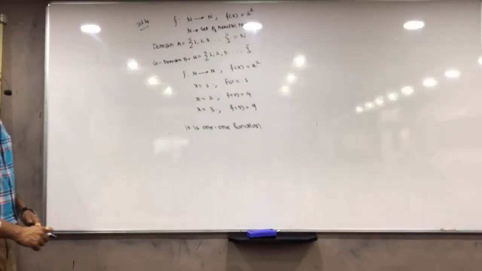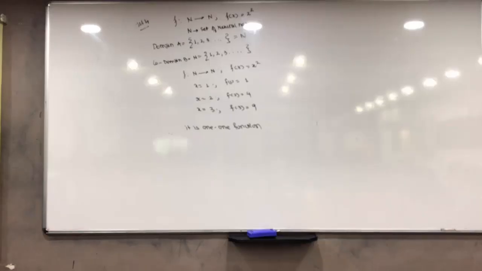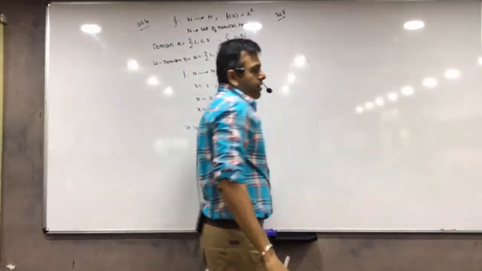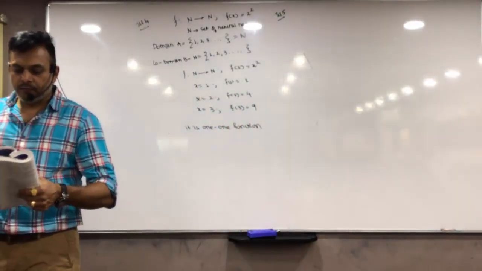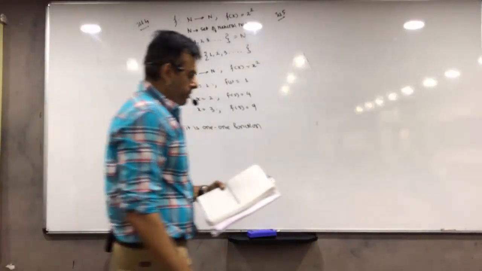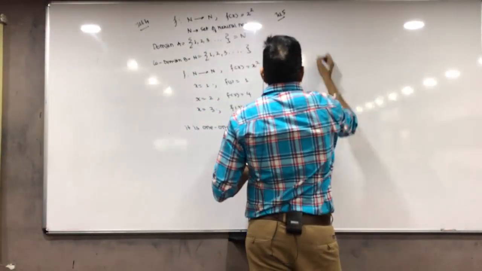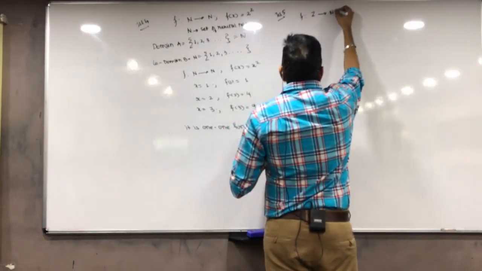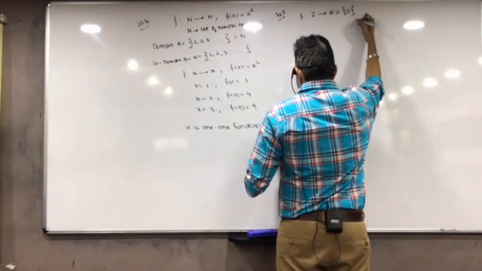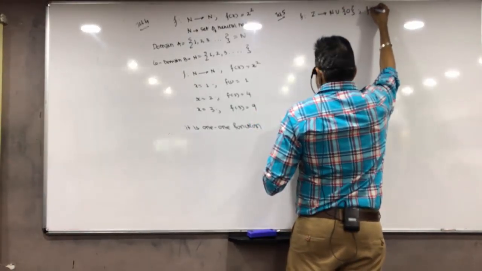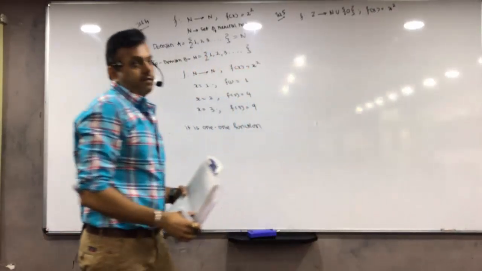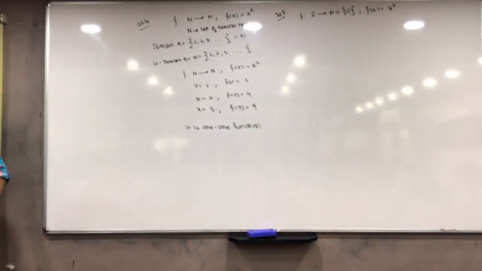Okay, next, illustration 5. Pay attention please. Function f from set Z to set N. Important sums. You know what is union? Yes.